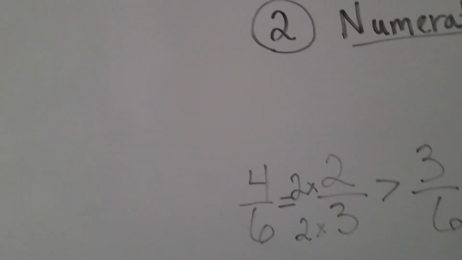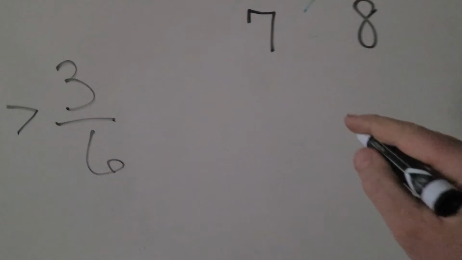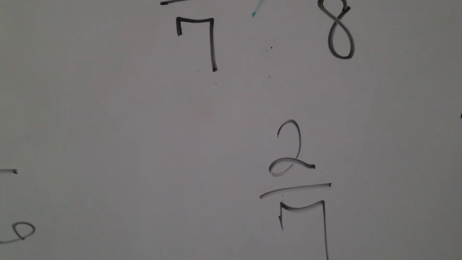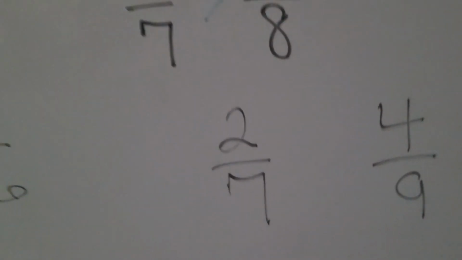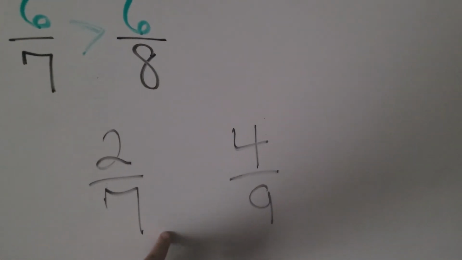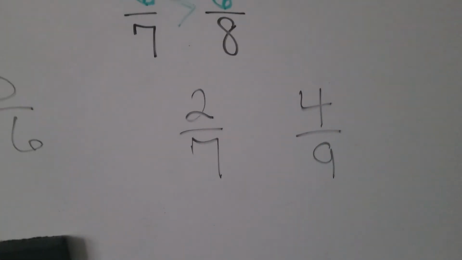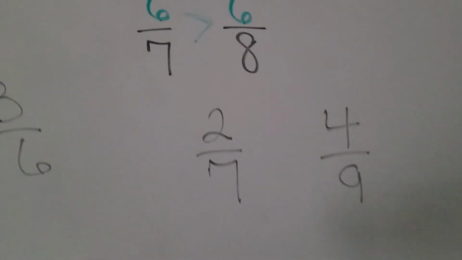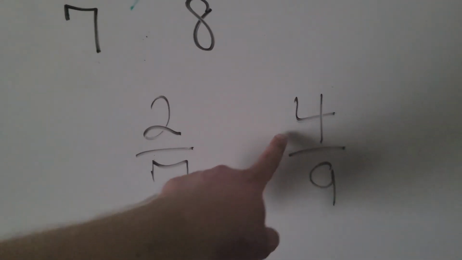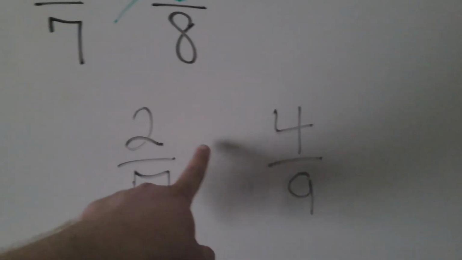Here's another set of fractions, 2/7 and 4/9. So if I look at my denominators, as in the last one, I don't think I can get to 9 by multiplying 7 by anything. But if I look at my numerators, just as in the last one, this number is a multiple of that number.